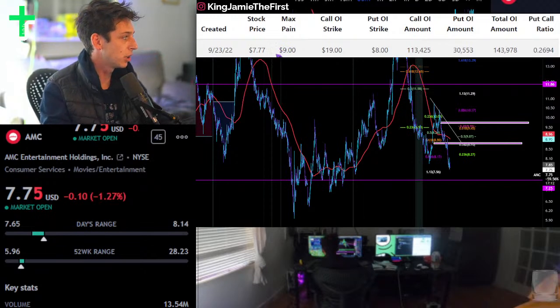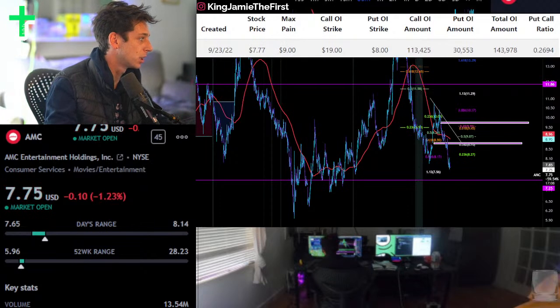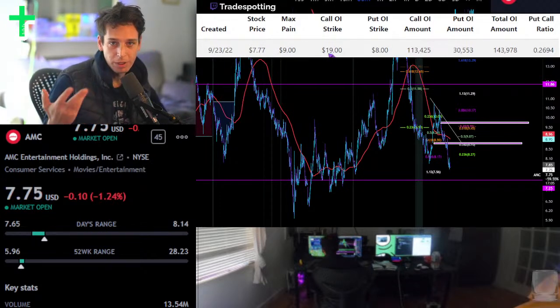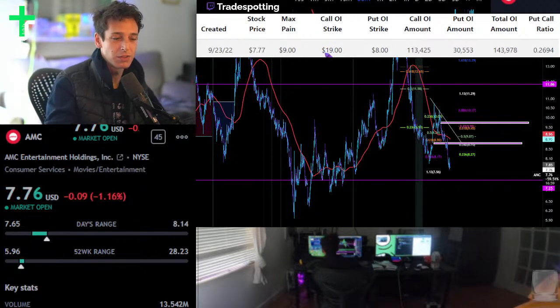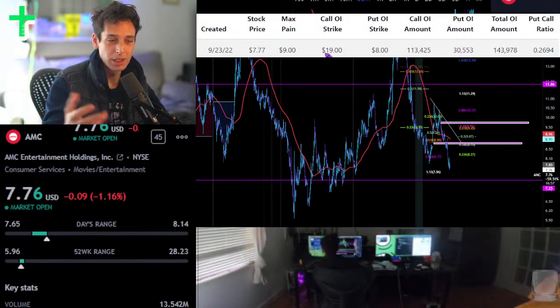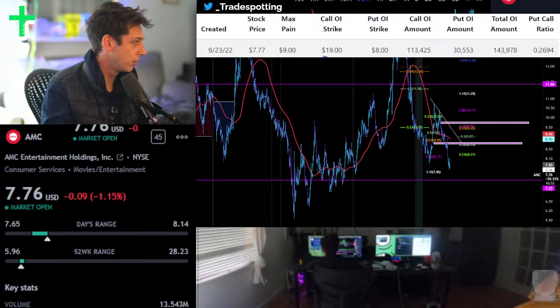So you can see that the stock price there is 7.77, max pain $9. That'd be an equilibrium. Max pain is very harsh illustrative phraseology for what is simply an equilibrium of all of the open outstanding derivative trades on AMC.